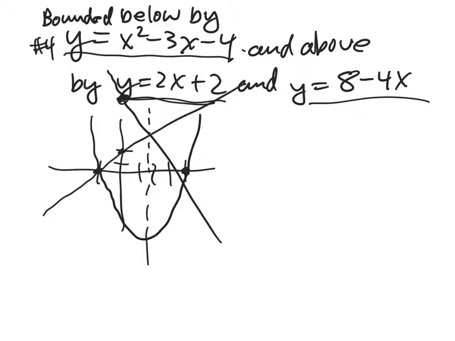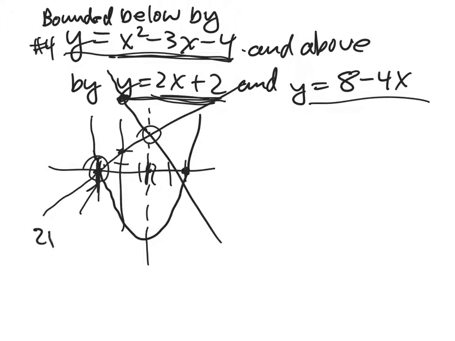Now, it doesn't necessarily mean it's exactly half. Sometimes it may end up that way, but for this one, the first integral will be from here to here, which this part will be the parabola and the 2x plus 2.